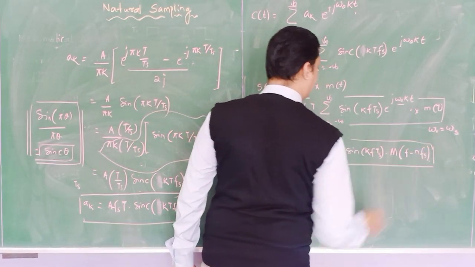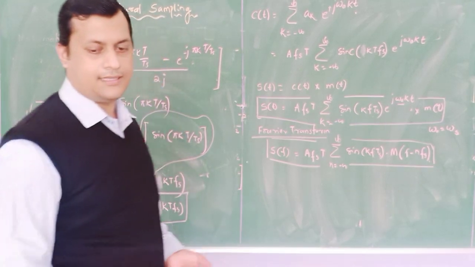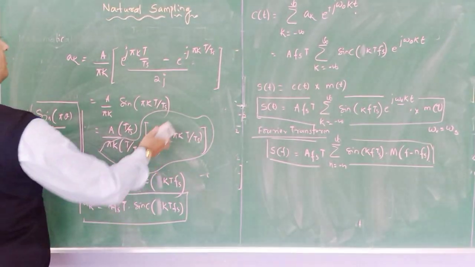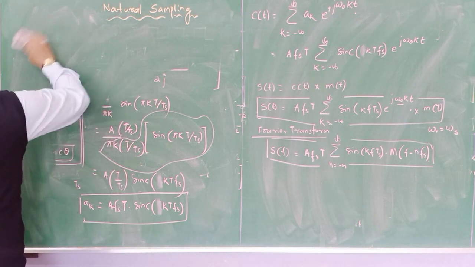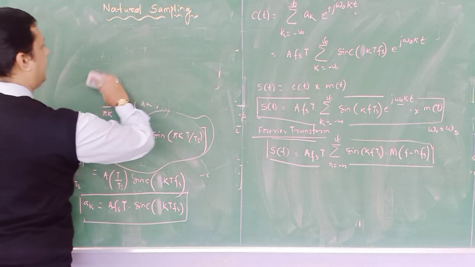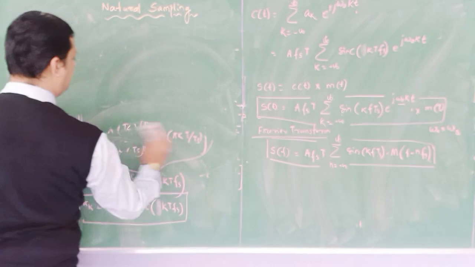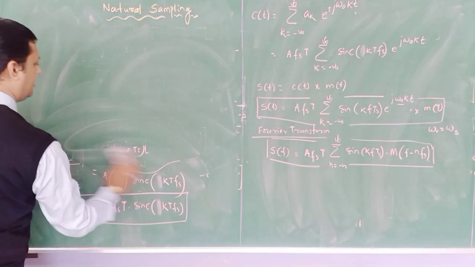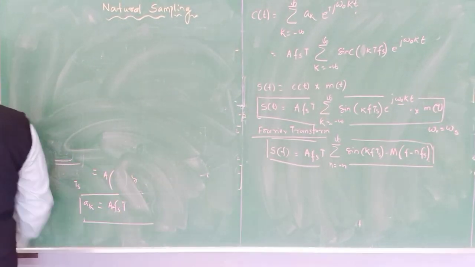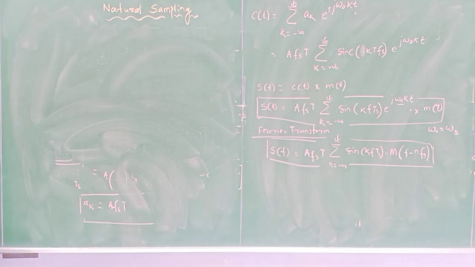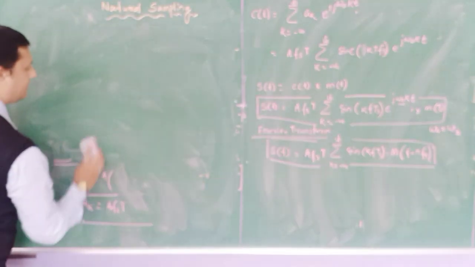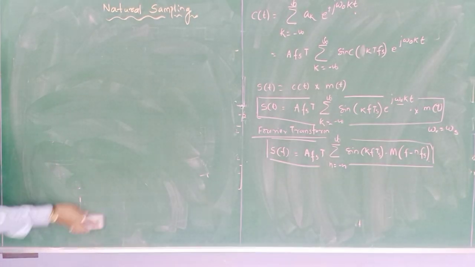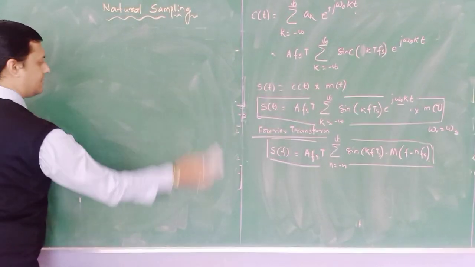Now we will see how to represent this. Here the amplitude is not uniform for different positions of omega s. If n is 1, what is the value? If n is 2, what is the value? Different amplitudes will be there with respect to omega s, 2 omega s, 3 omega s, 4 omega s.